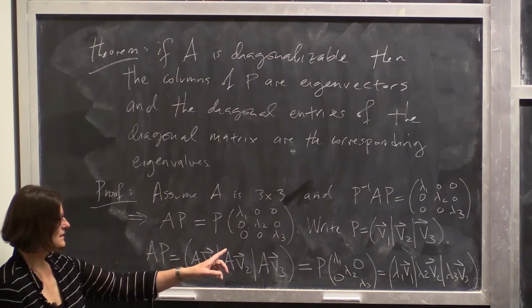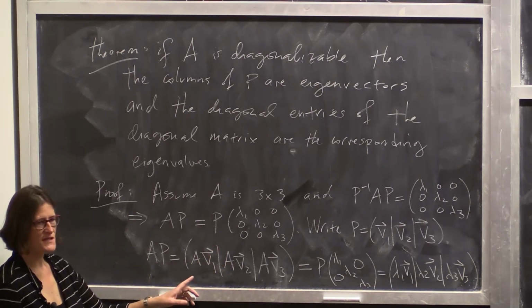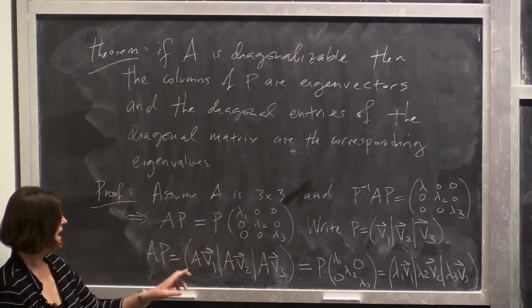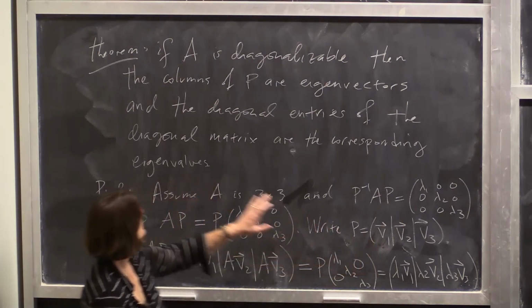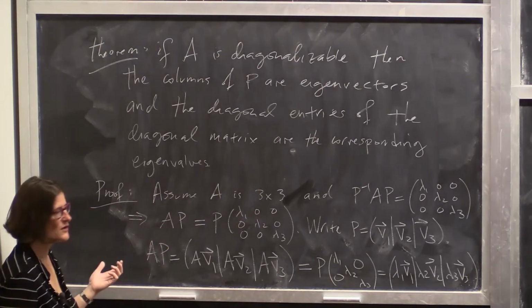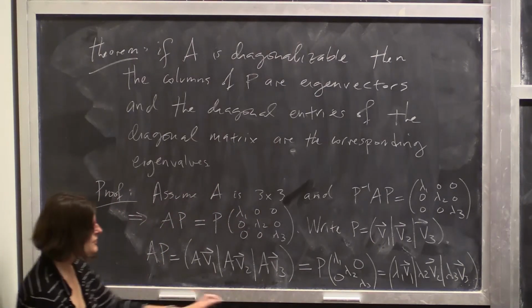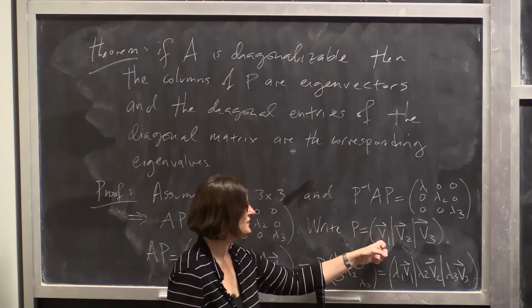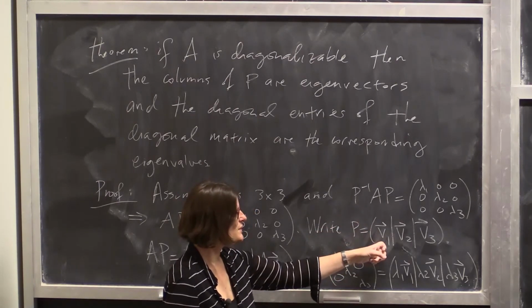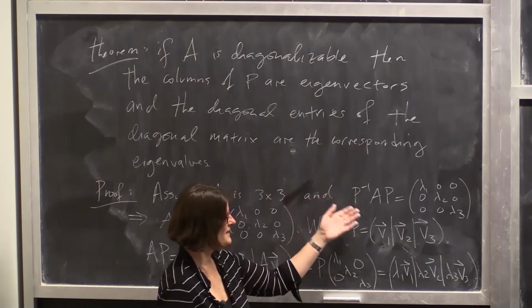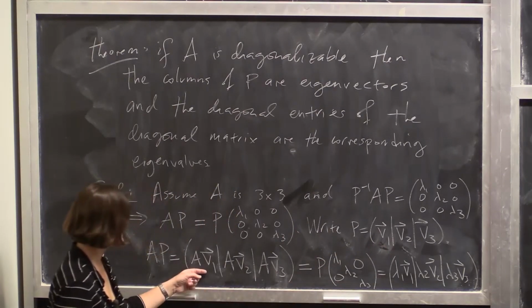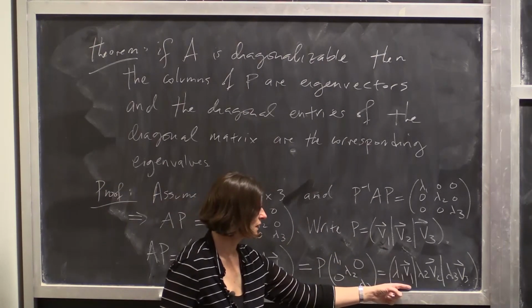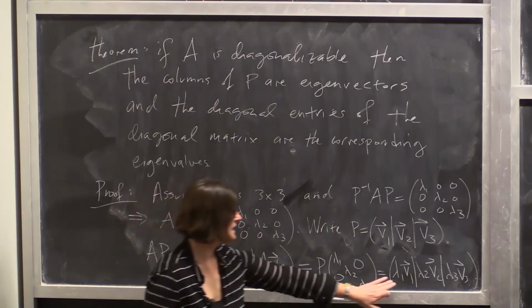No. Is there any risk that v1 is the zero vector? If v1 were the zero vector, would P be invertible? No. For sure, this is a non-zero vector, because if it were a zero vector, P would not be invertible, and P is invertible. So A times v1 is lambda 1 times v1. It's an eigenvector with eigenvalue lambda 1.